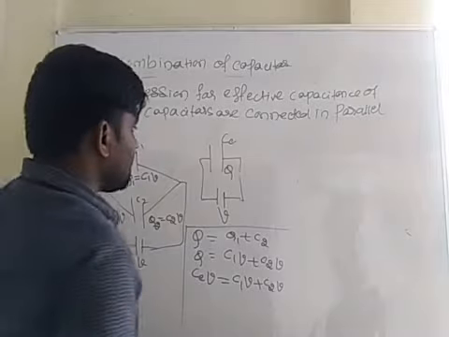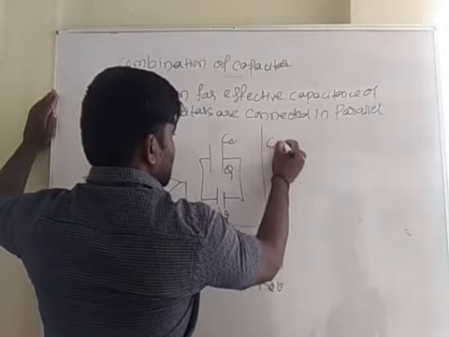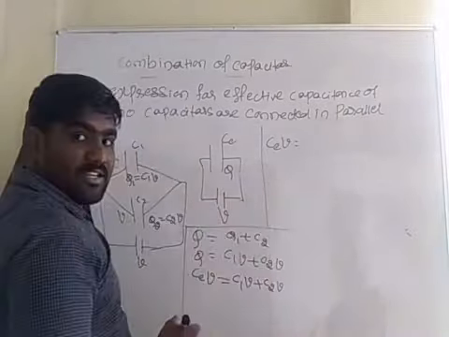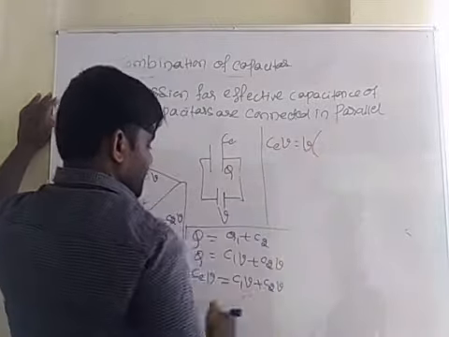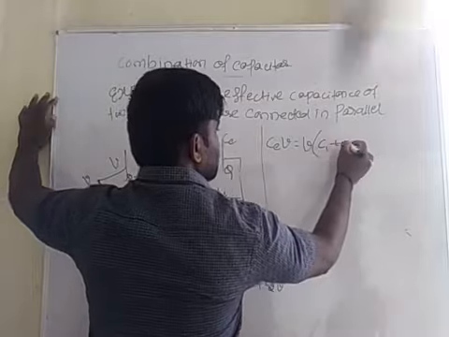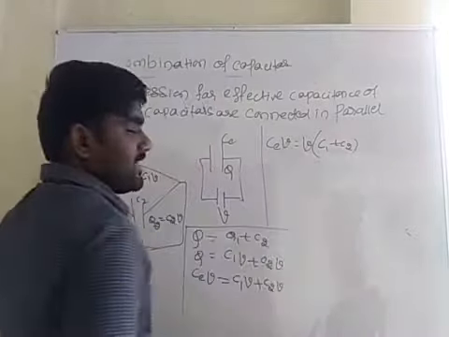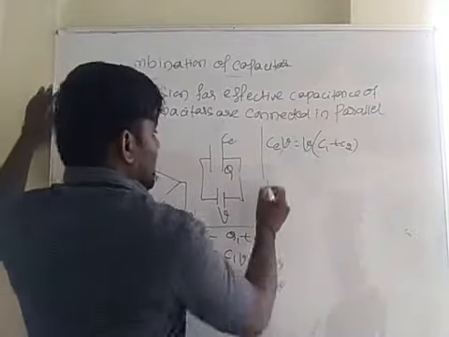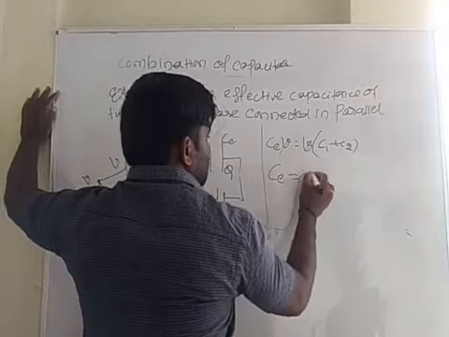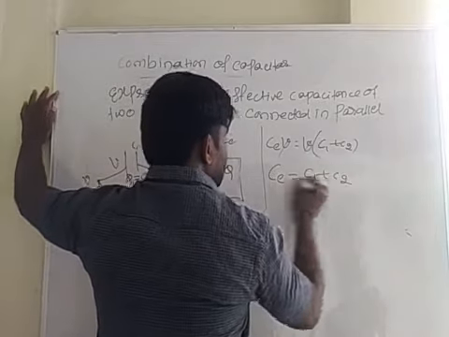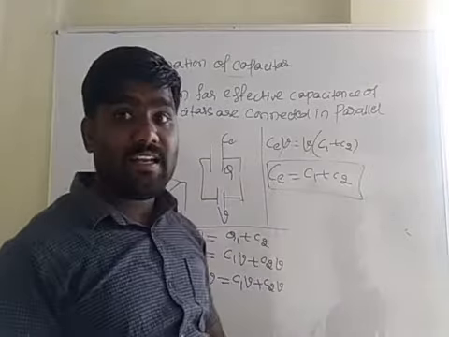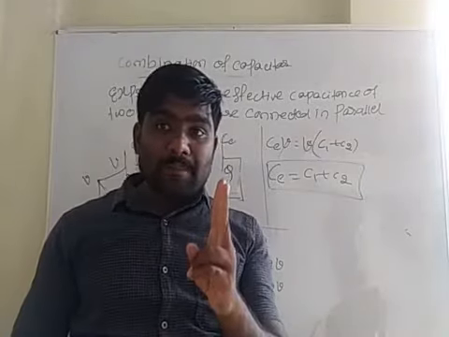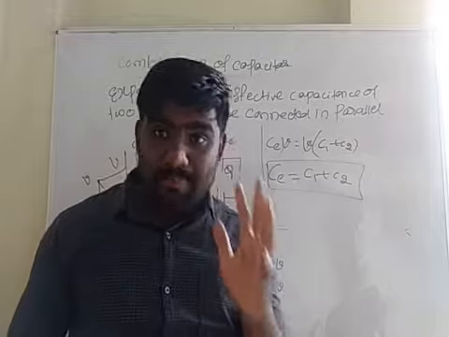V is the same, so V gets cancelled. Effective capacitance is equal to C1 plus C2, the final answer, when two capacitors are connected in parallel.